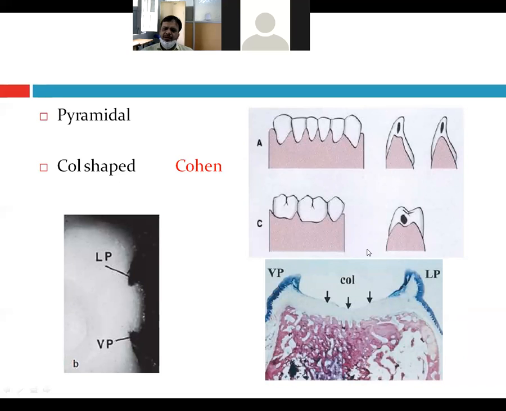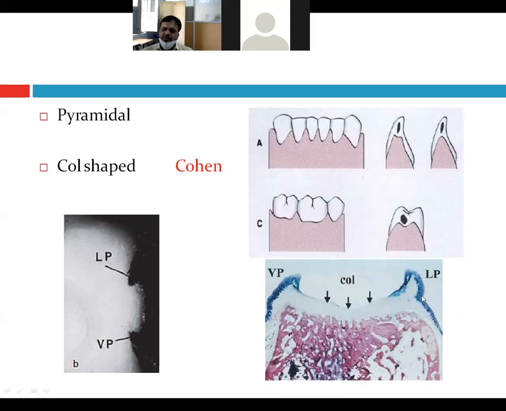Whenever interdental gingiva is seen in the posterior regions, it is somewhat flat and usually cone shaped. This is the diagrammatic representation of the col in the posterior region. This is your buccal papilla and this is your lingual papilla.